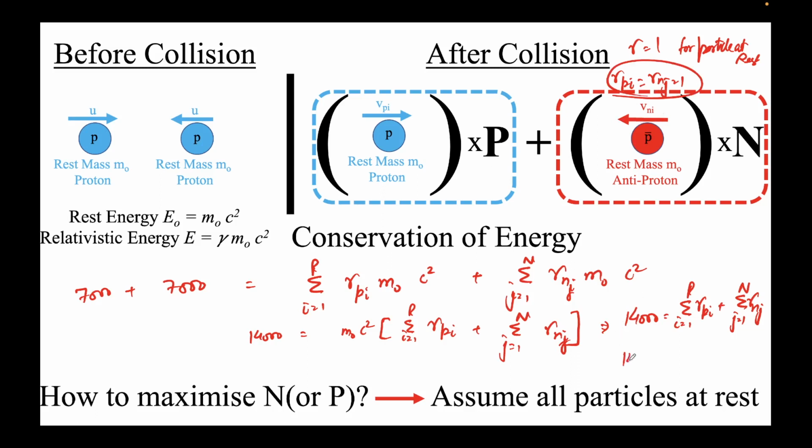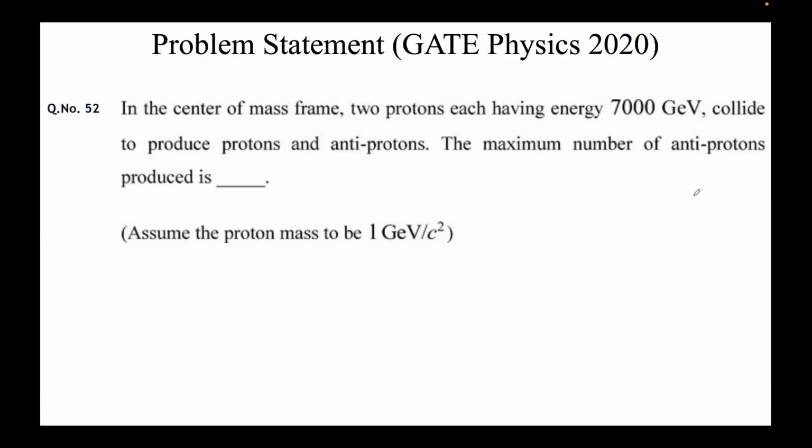So this expression will become 14,000. You add 1 p times, this will become p, and then you again add 1 n times, so p plus n. Now we have got two expressions: 14,000 equal to p plus n, and if you remember, 2 was equal to p minus n. This we got from balancing the charges.